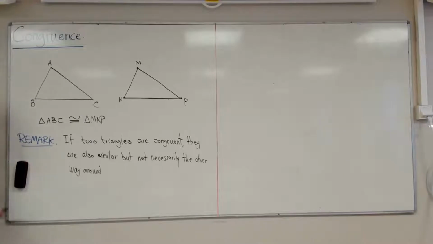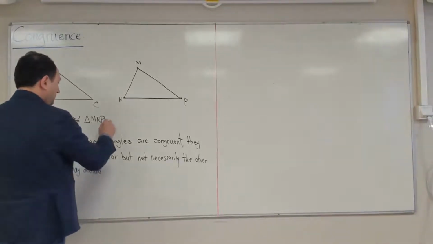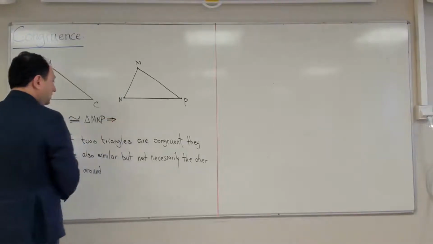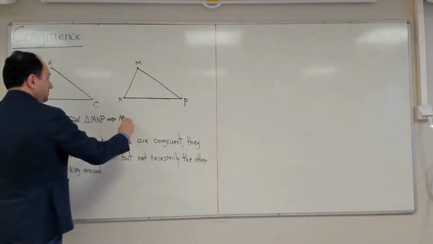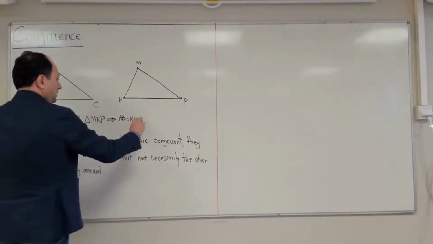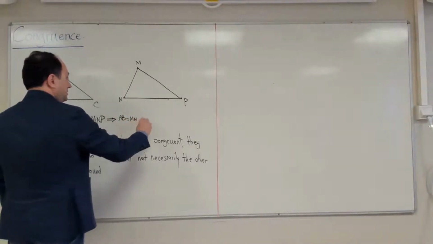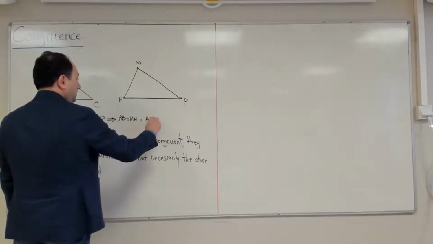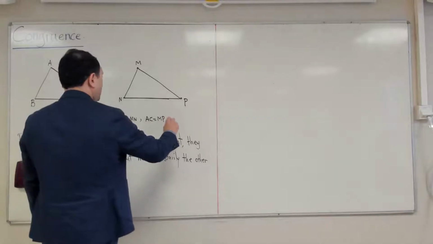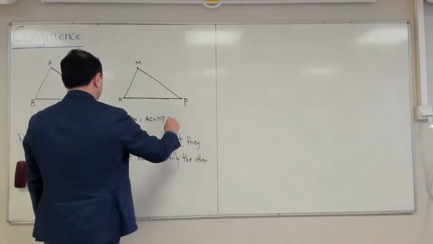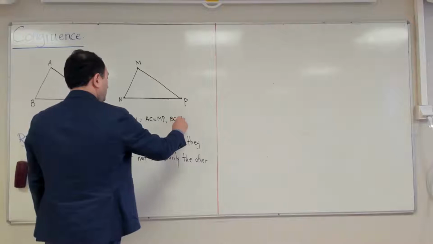That's the meaning, because they are the same copy of the same picture. For example, you can conclude that side AB is equal to side MN. You can conclude that side AC is equal to side MP. You can conclude that side BC is equal to side MN.